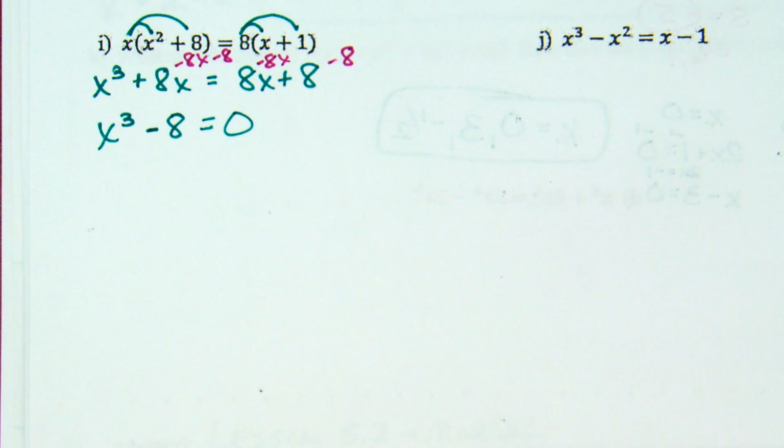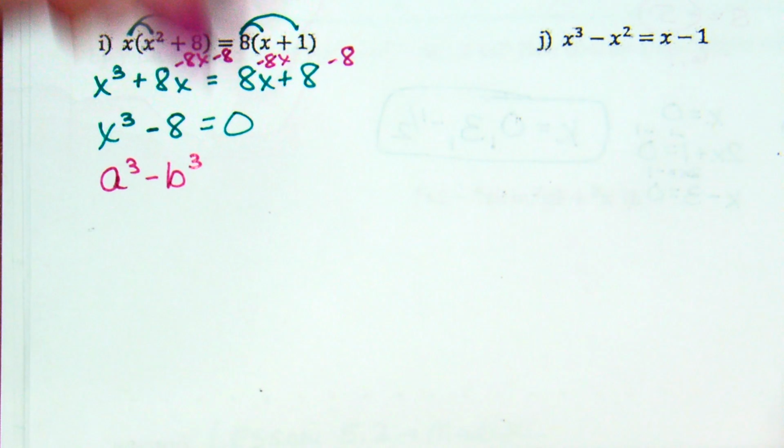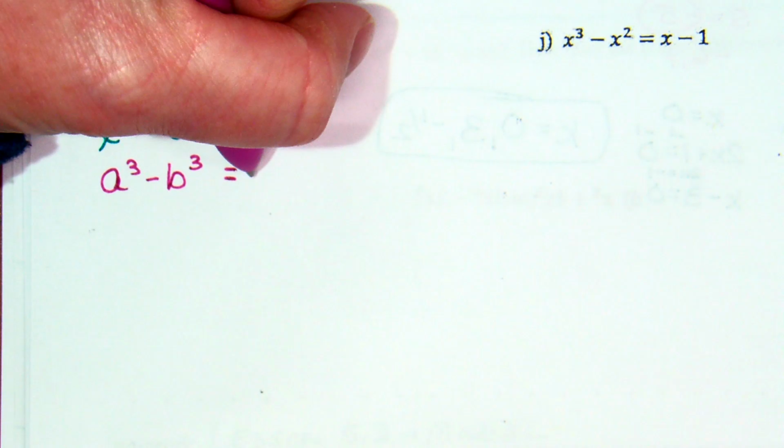It was going to be a minus b times a squared plus ab plus b squared. That's straight from your front side of your notes, right? I've already told you that. I've already written it down for you.